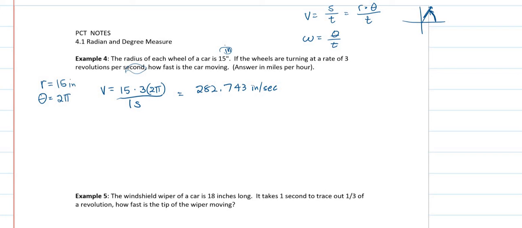So we have to do a little bit of converting, and it's important that you know some conversion factors, which hopefully you already do. You know that there are 12 inches in 1 foot. Hopefully you know that there are 5,280 feet in 1 mile.